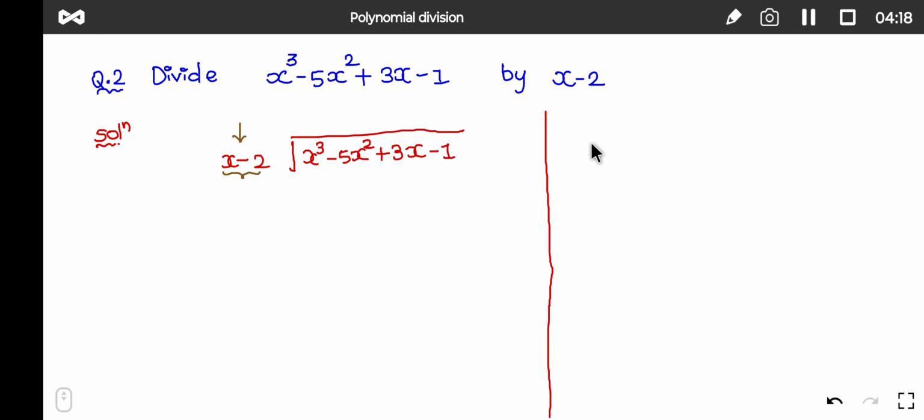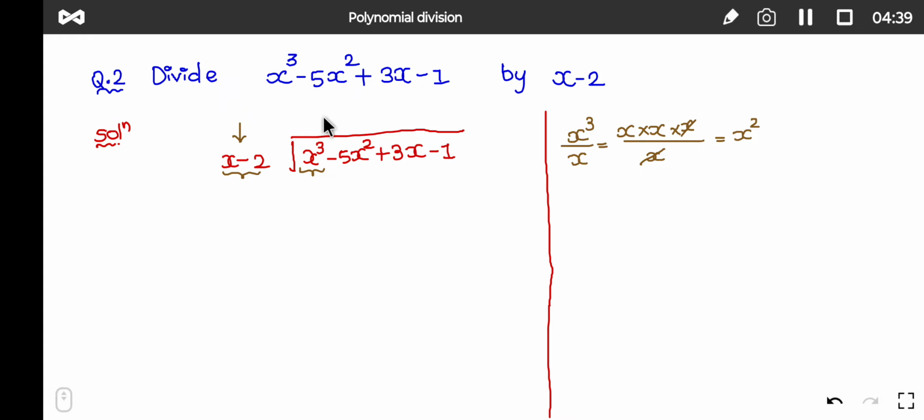Okay, so the first step is to write down the first term of the dividend, which is x cube, upon the first term outside, x. So x cube upon x. So x cube means x into x into x, divided by x. If we cancel out one x, then x square will remain. So in the quotient the first term will be x square.